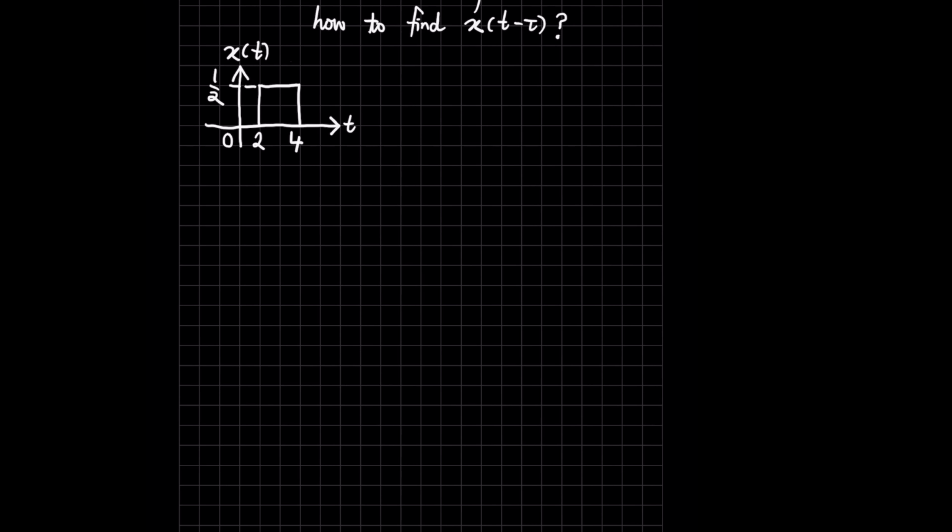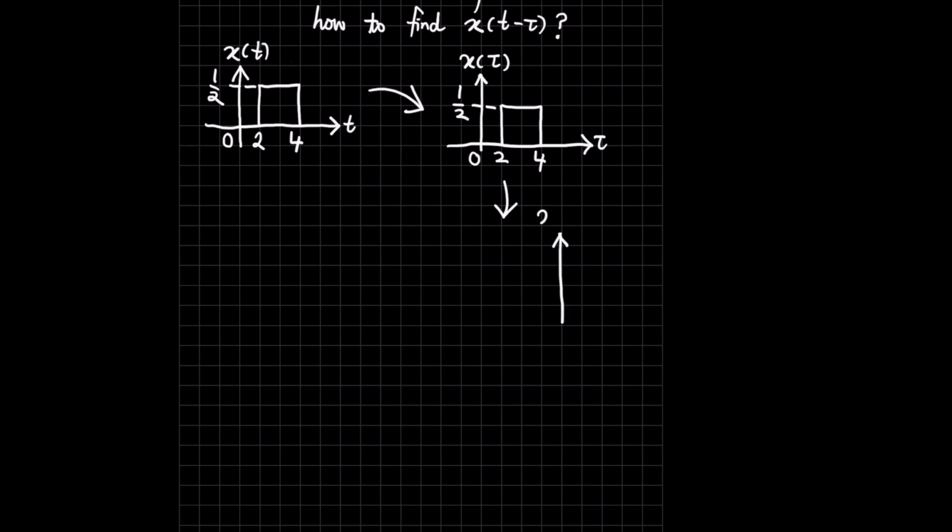At first, we just change the domain of the signal from t to tau. In this stage, the shape of the signal is still the same. After that, we apply time inverse operation to x tau in order to get x minus tau.